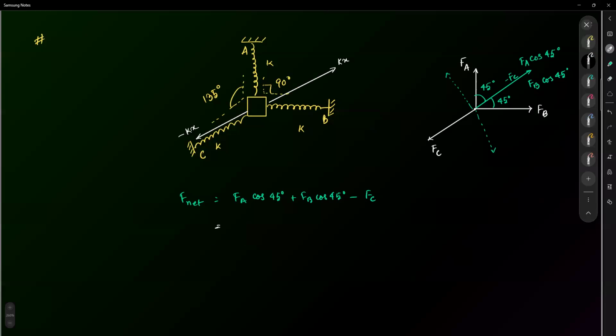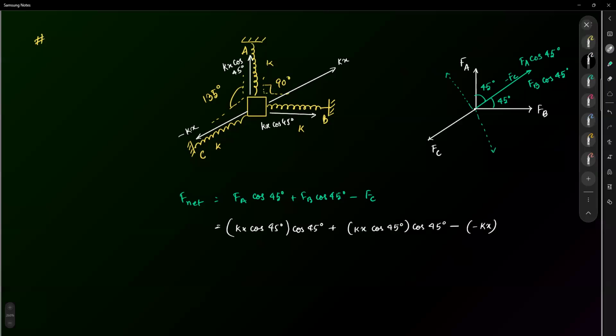If A in itself is kx cos 45 degree, if B in itself is kx cos 45 degree, so we have to put kx cos 45 degree into cos 45 degree actually, plus the same thing minus of minus kx, that is 2 into kx into 1 by root 2 into 1 by root 2 plus kx, that is F net will be equal to 2kx.